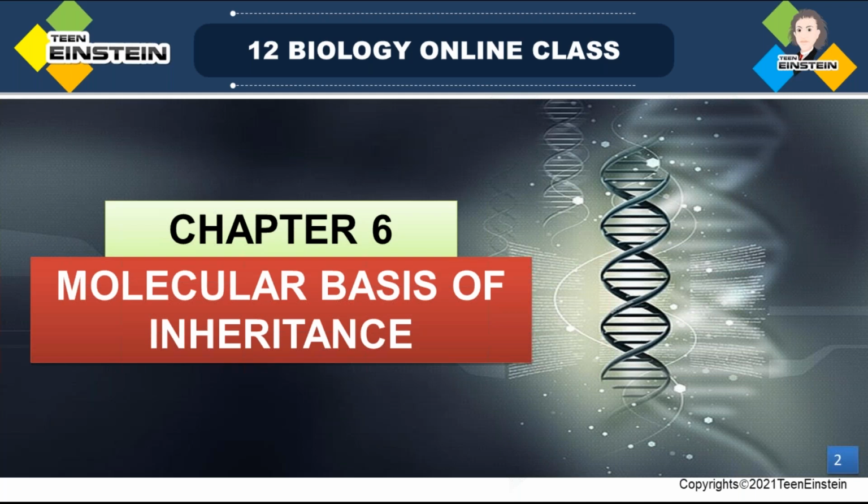So the double helical structure is made up of two polynucleotide chains, and both chains have anti-parallel polarity. What do you mean by anti-parallel polarity? One chain is from 5' to 3' and another one is from 3' to 5', exactly the opposite way.